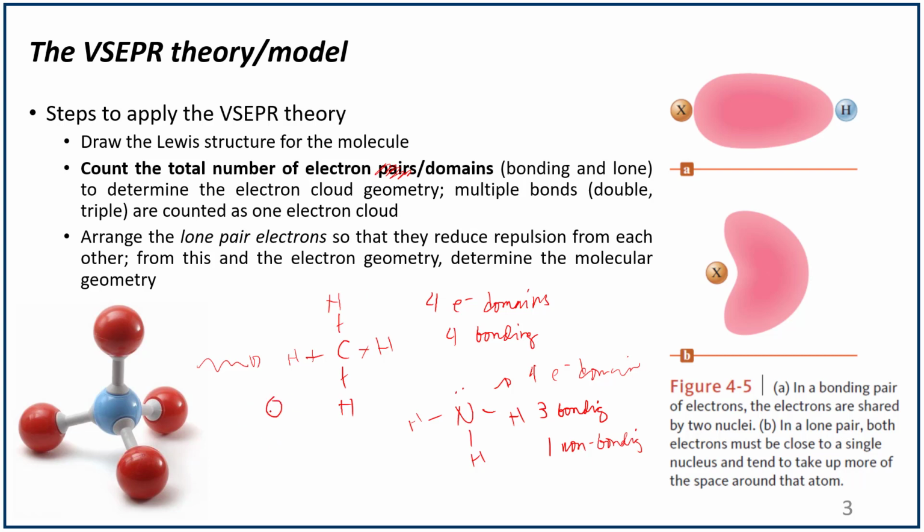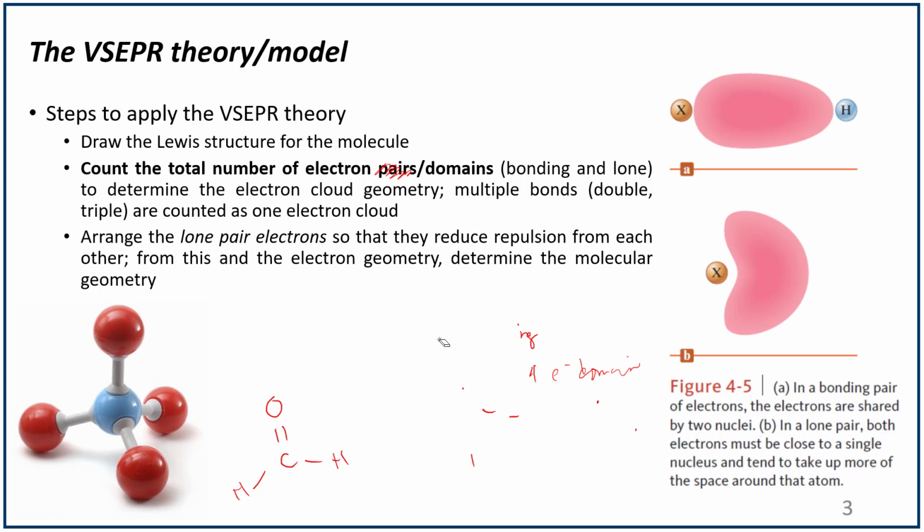Now, if you have, for example, a structure similar to formaldehyde, so this is the structure of formaldehyde. Let's erase the other so that we can clear this out. If you have the structure of formaldehyde, you can see that there is 1 double bond and 2 single bonds.